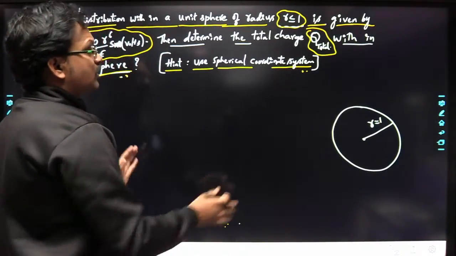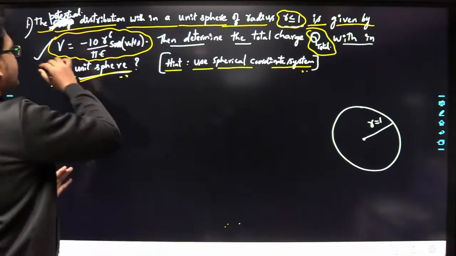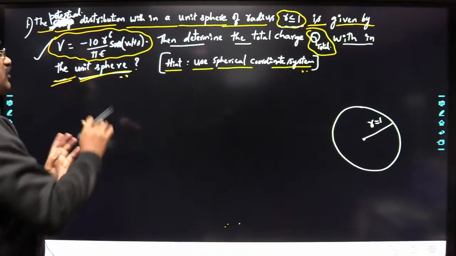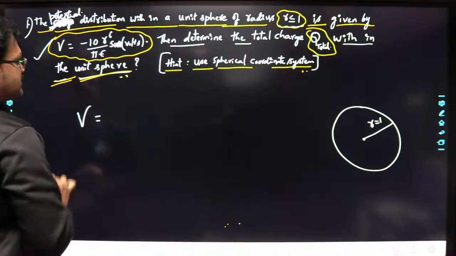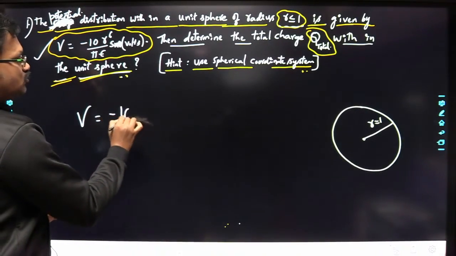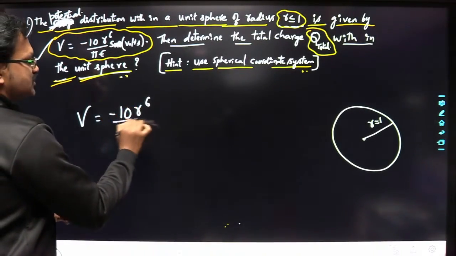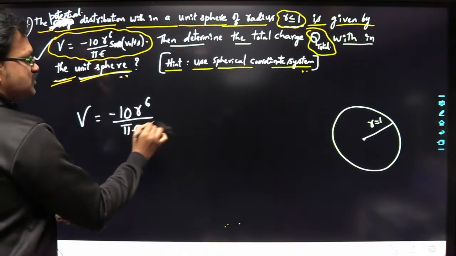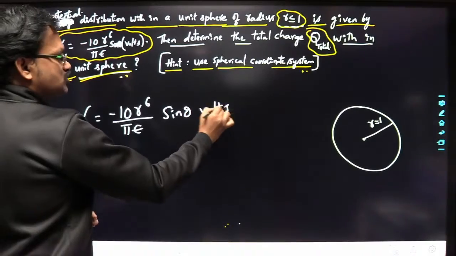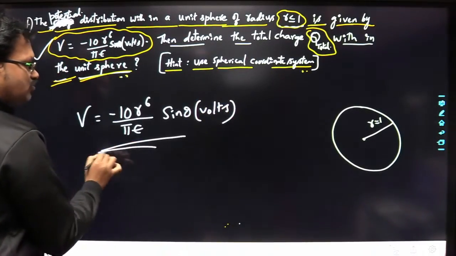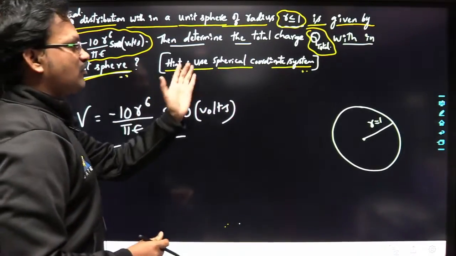Within that unit sphere they have given the potential distribution as V is equal to minus 10 r power 6 divided by pi epsilon sine theta volts, and they are asking what is the total charge.